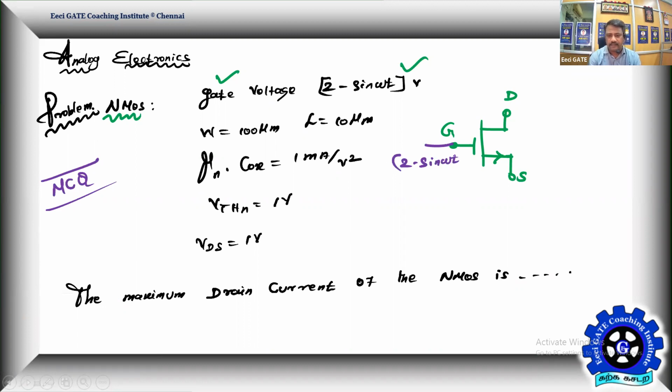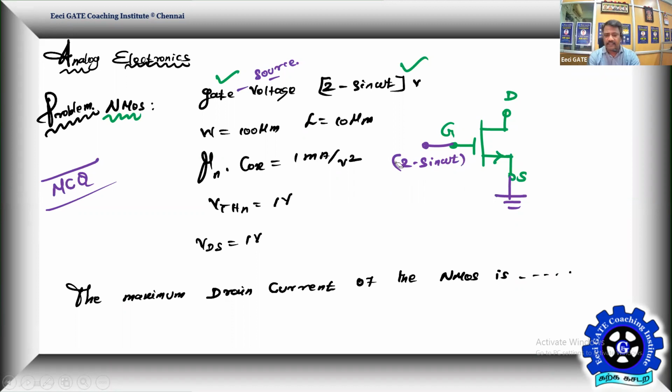Probably instead of a gate voltage, it may be a gate to source voltage, so you can take the source as the reference, ground. So 2 minus sine omega t exciting the gate means the entire voltage is going to serve as VGS.